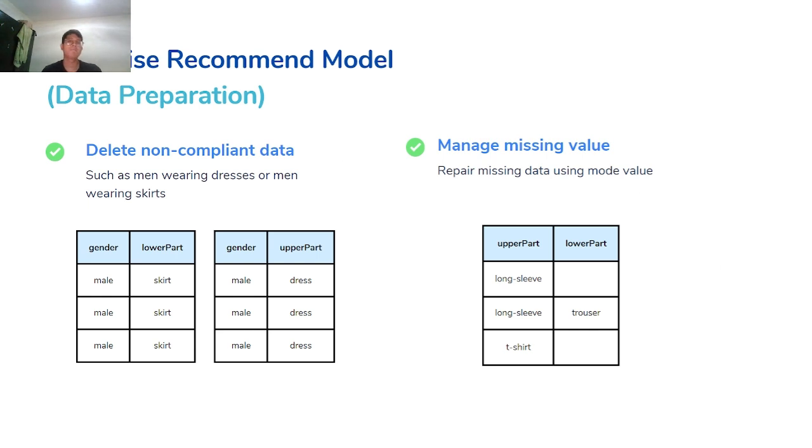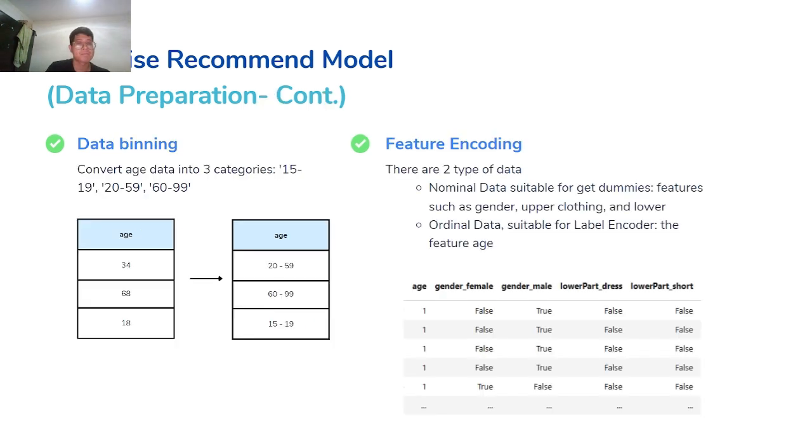We have some preparation. The first one is deleting non-compliant data, such as men wearing a dress or men wearing a skirt. If we find this data in our database, we pop it out. The second one is managing missing values. We repair the missing values using the mode.